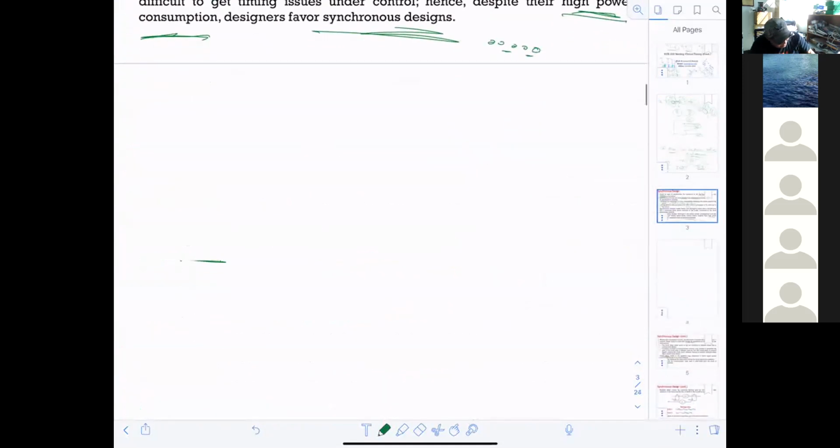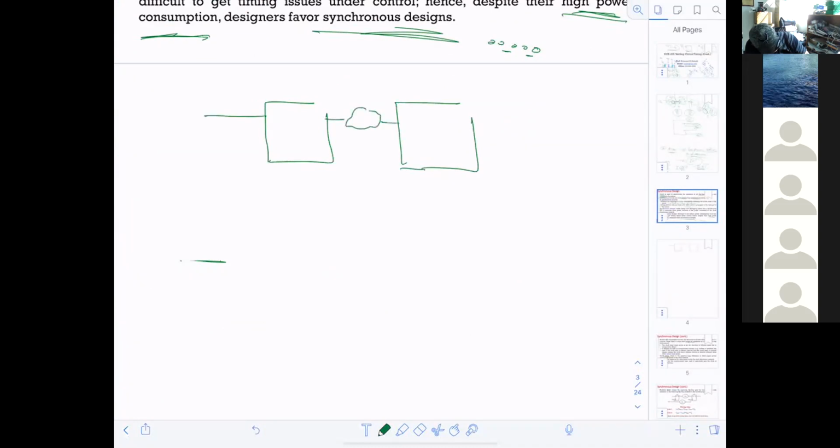Here's the thing. Imagine that my circuit just has two flip-flops, right? So this one and this one. Here is a combinational circuit, and here is my clock.